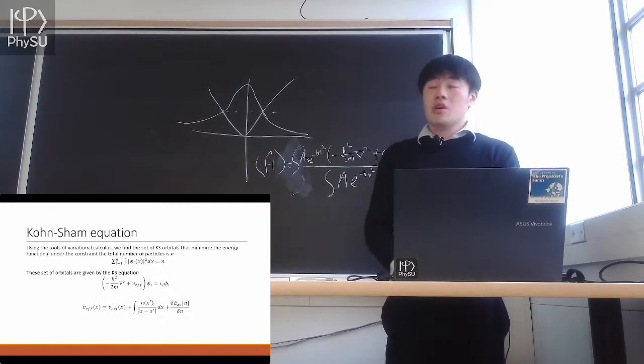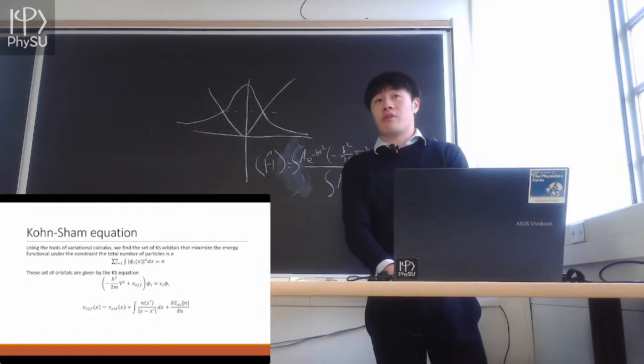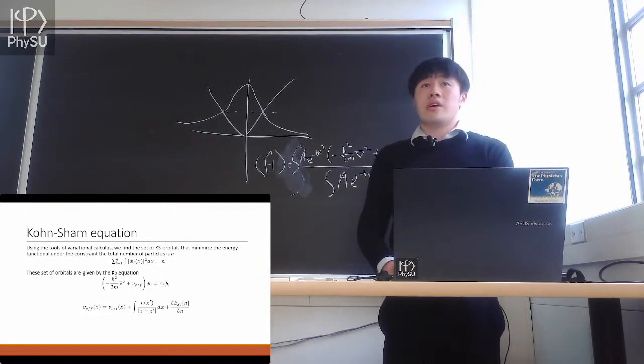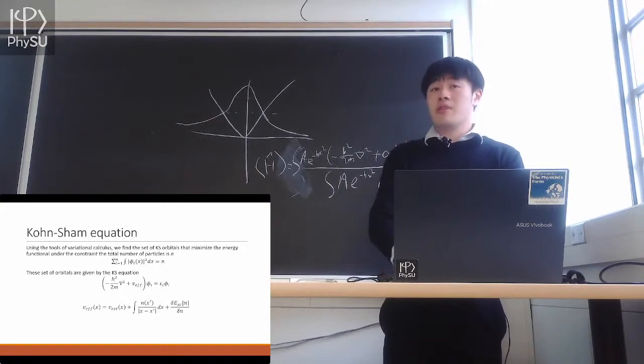So the idea behind how you derive the Kohn-Sham equation from this energy functional: if you've taken physics 354 before and you've done the Euler-Lagrange equations, it's a similar idea.